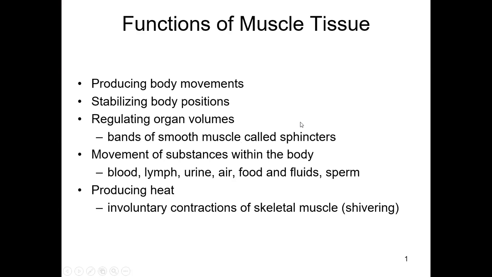And if you want to move urine or fecal matter out of the body, then you need a separate set of smooth muscles to cause urination and defecation. So moving urine, moving food or what's left of it at defecation includes smooth muscle.